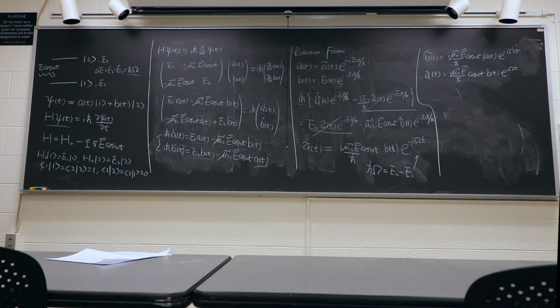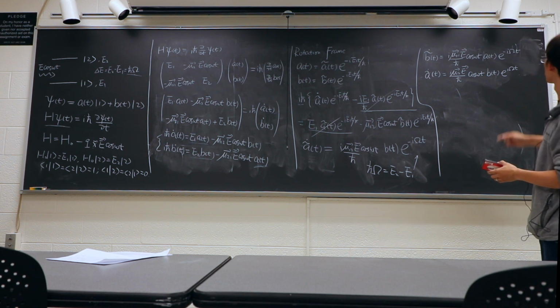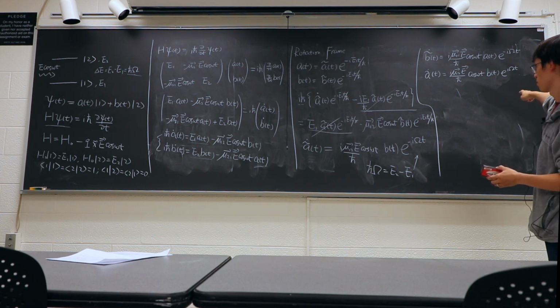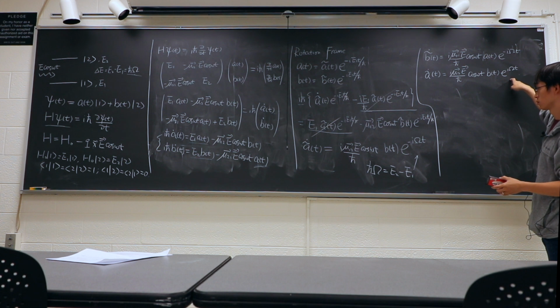A is minus I omega t. B is I omega t. Which equation? You already have a minus sign after the A function, e to the negative I omega t. Oh, okay. So this means B should have a positive sign.